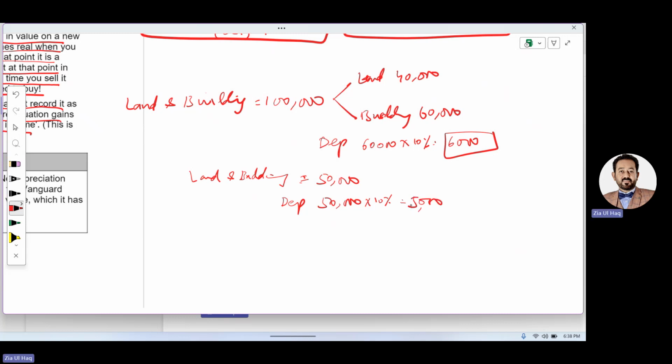If the land part can be separated, then we need to charge depreciation on the building part. If there is only land, no depreciation. Depreciation rate depends upon the life. If it's a 10 years life, it's 10%; 5-year life, 20%; 3 years life, 33%, like that.